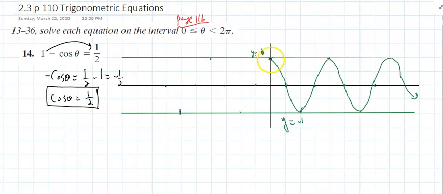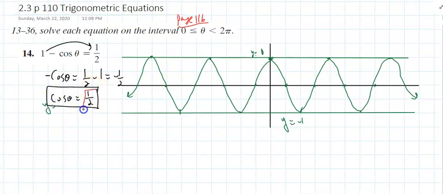If I take y equal cosine, that's the green.